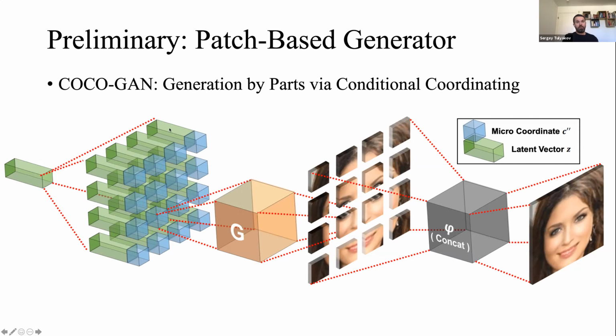For example, this augmented vector will generate this patch. So we keep the same latent, but augment it with a different conditioning and generate another patch. And we can concatenate all these patches and pass them through a discriminator and train in the usual adversarial setting.